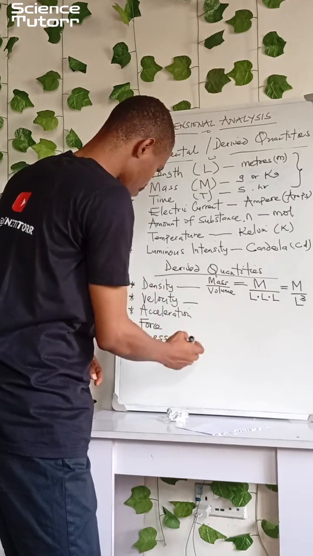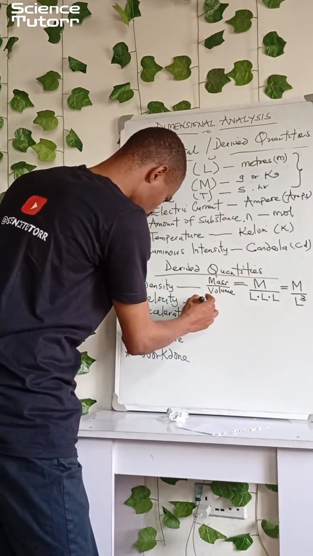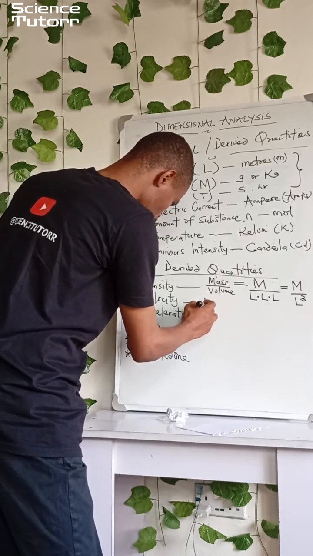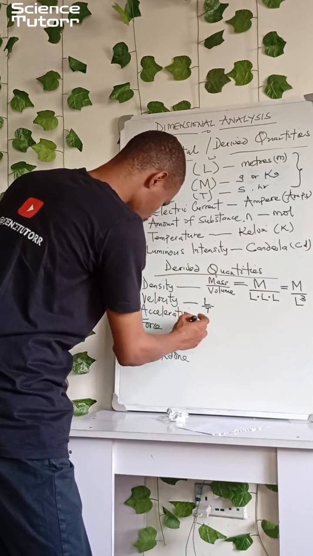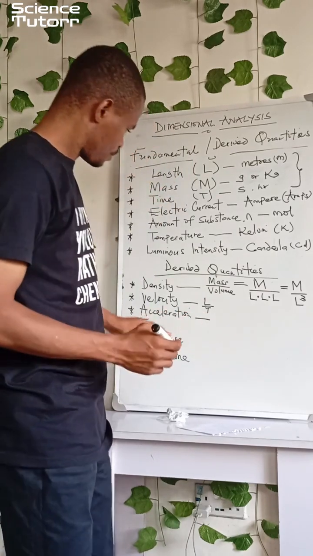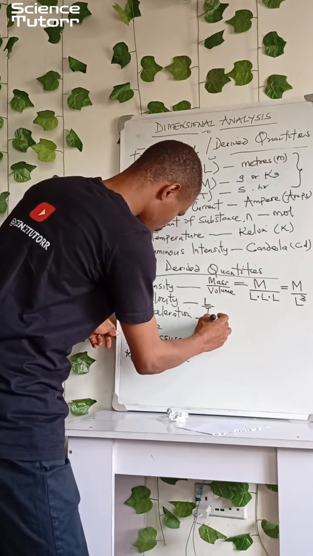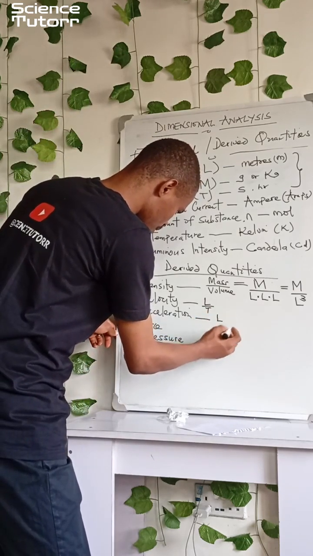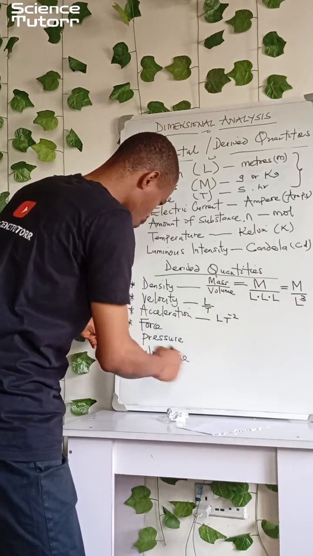Velocity, meter per second, so we simply have it as L over T. Acceleration is velocity over time, so that is meter per second squared, so LT minus 2. The likes go on and on.